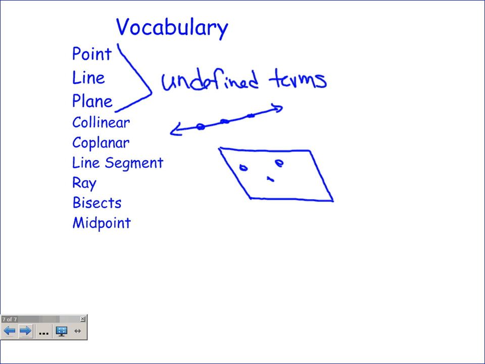A line segment is like this, with endpoints A and B. A ray would be something like this: it starts at A and goes through B. Bisects, remember? It cuts it into exactly 2 pieces. And we just talked about the midpoint today. Make sure all that vocabulary is very, very familiar to you because you will need it for your quiz tomorrow.